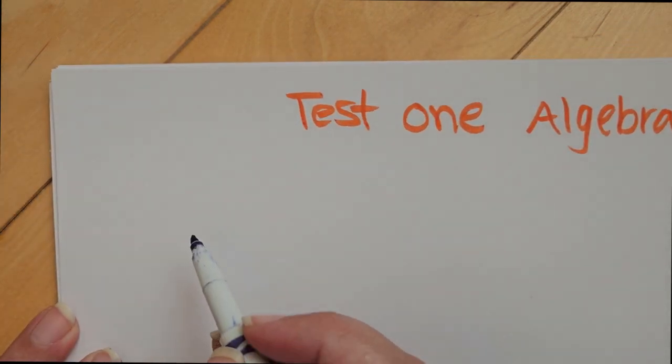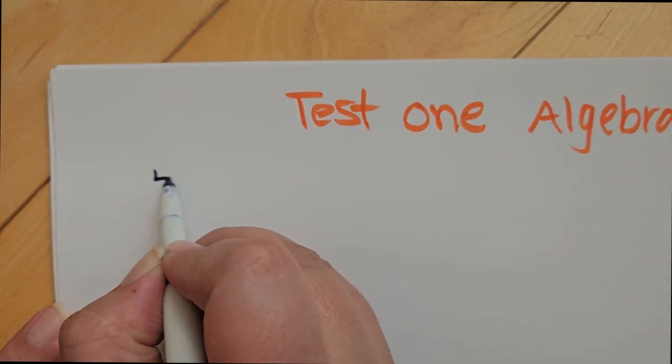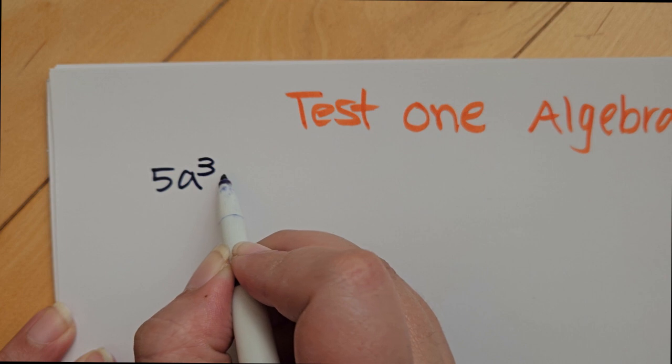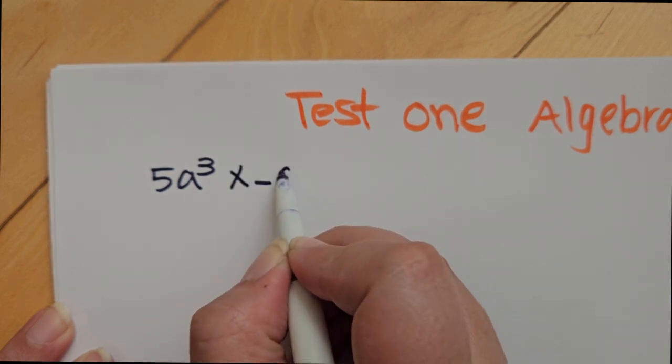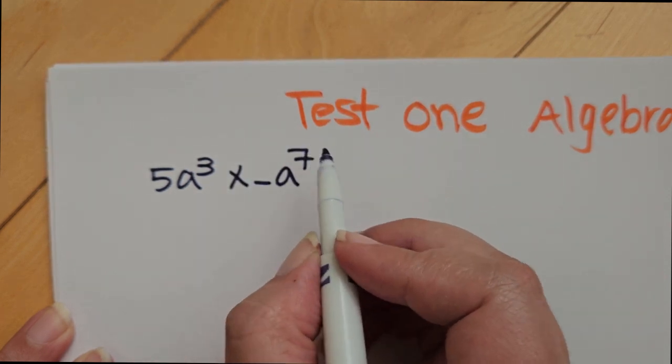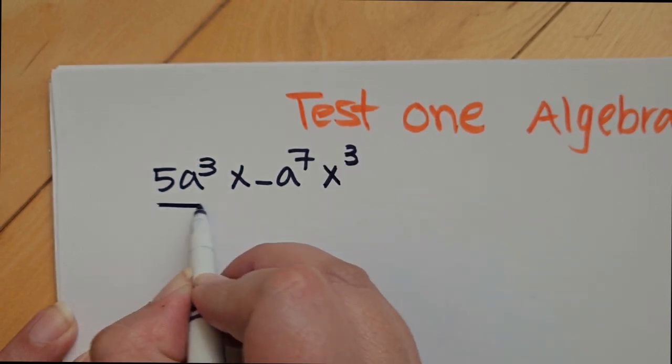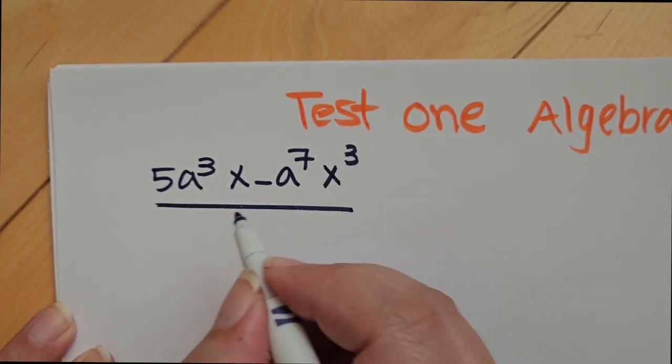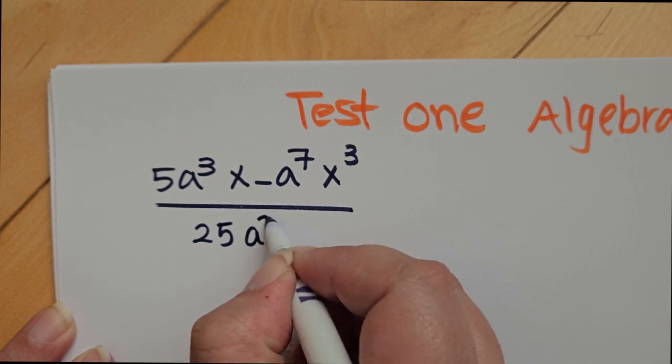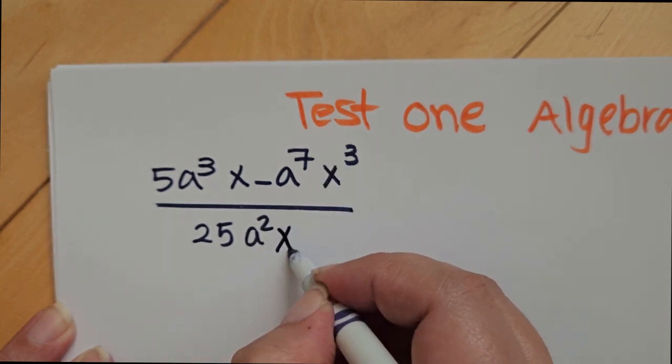So the first fraction that we had was 5a³x minus a⁷x³ divided by 25a²x.